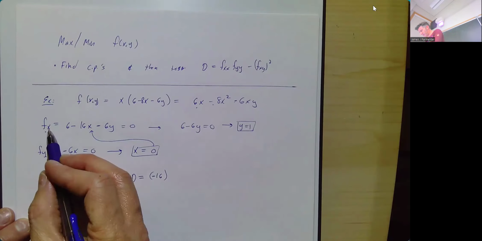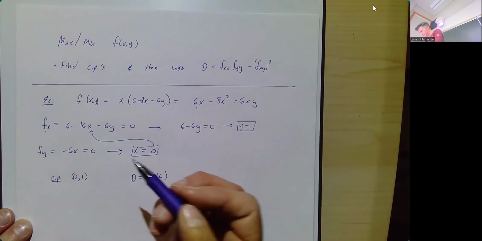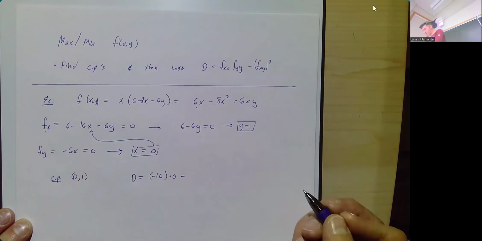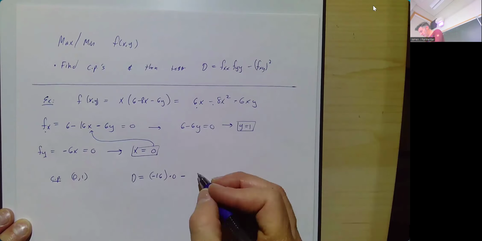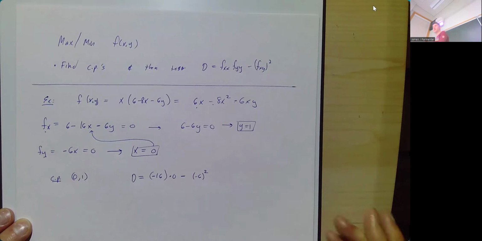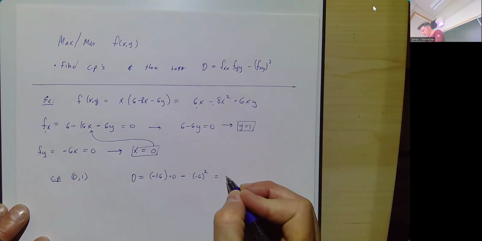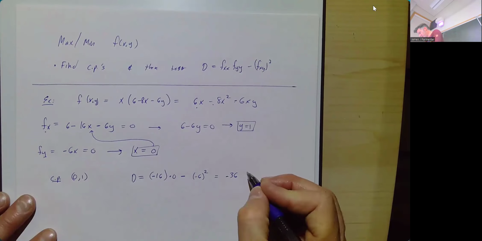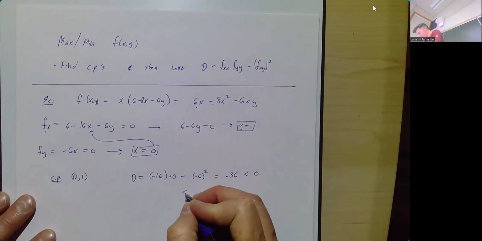So Fxx is negative 16, Fyy is 0, minus Fxy, which is negative 6, squared. So our D ends up equaling negative 36, which means we have a max, a min, or a saddle. Saddle. When D is less than 0, we have a saddle.